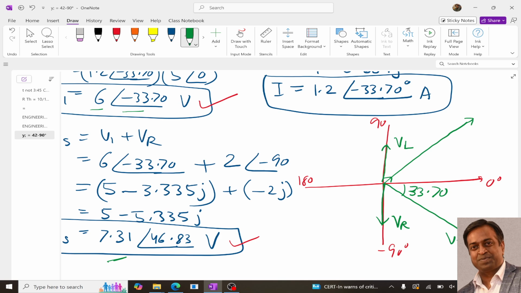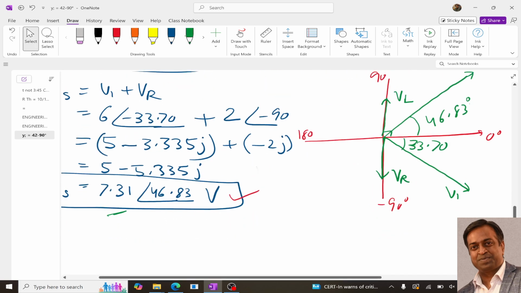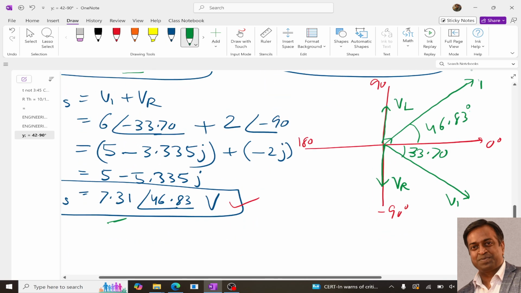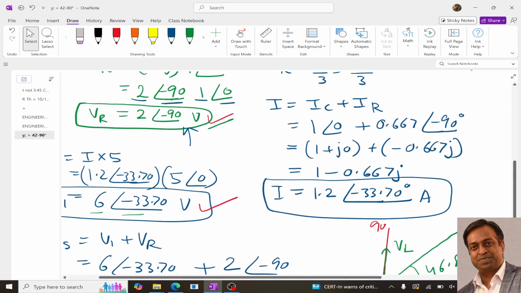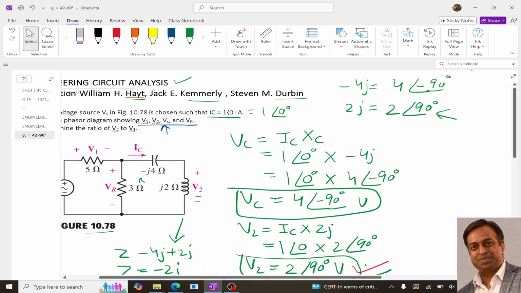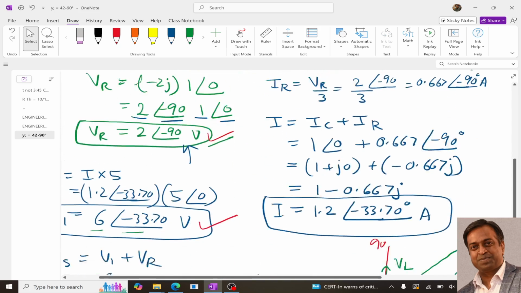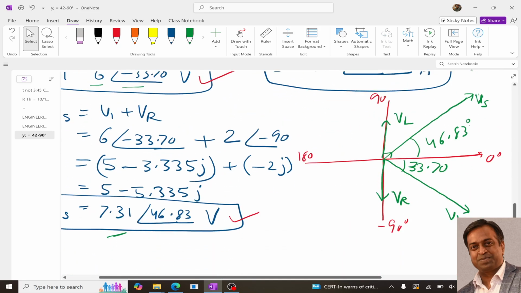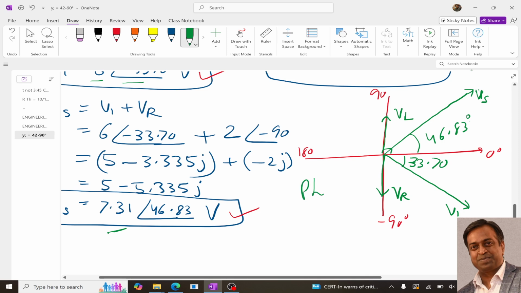So V1, Vs, VL, Vr we have drawn over here. So this is the phasor diagram.